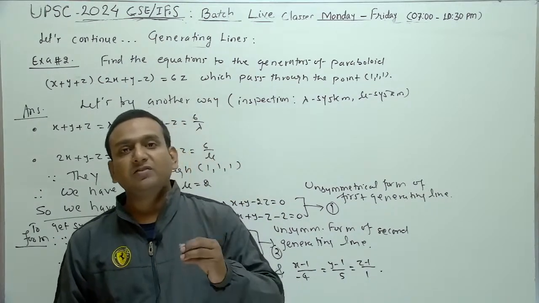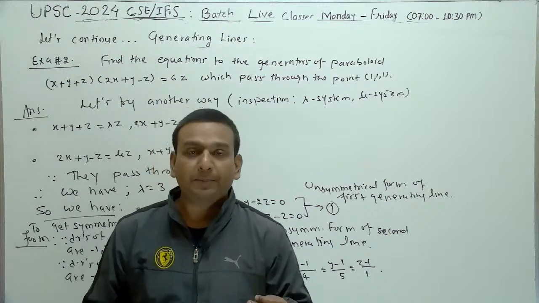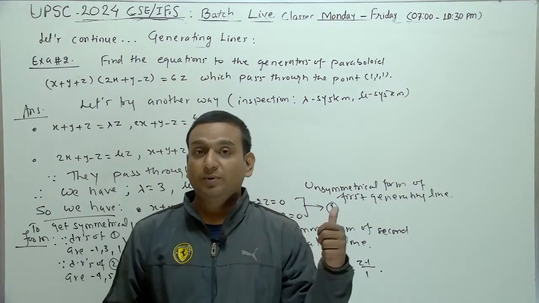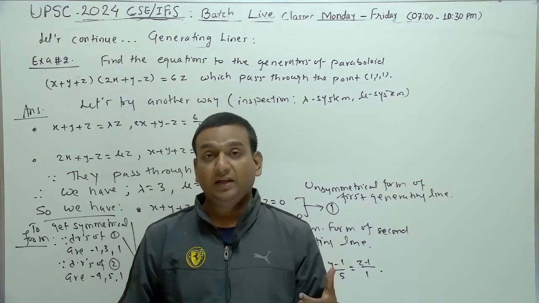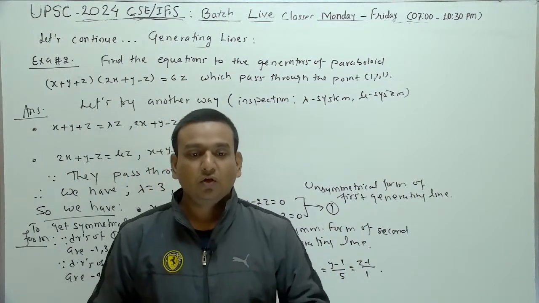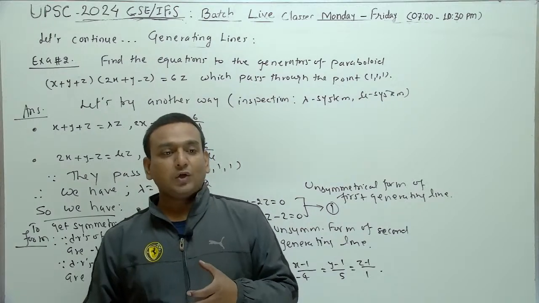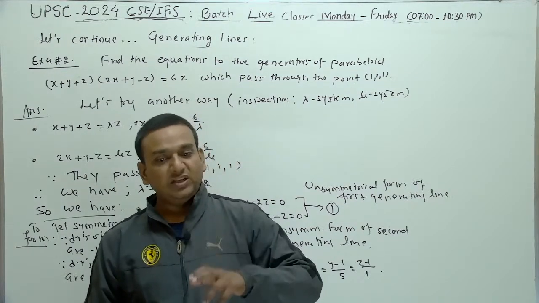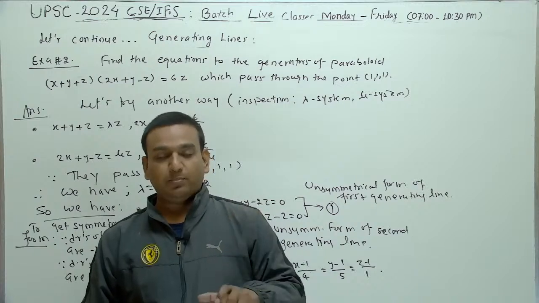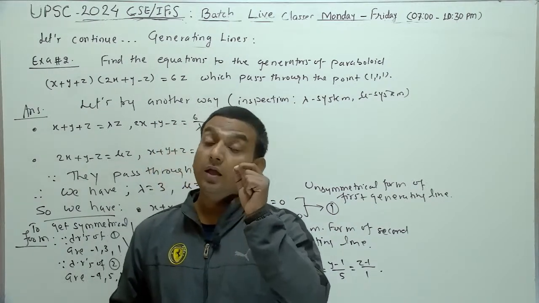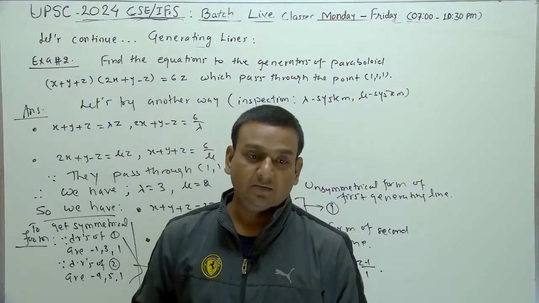Let's say examples related with the principal elliptic section. So how to use that equation जो मैंने अभी जैसे पैराबोला के लिए लिखा था. Based on that we have examples as well. So as we are doing a comprehensive preparation here, so the previous lecture and this part of the lecture is more than enough to tackle any problem from generating lines.